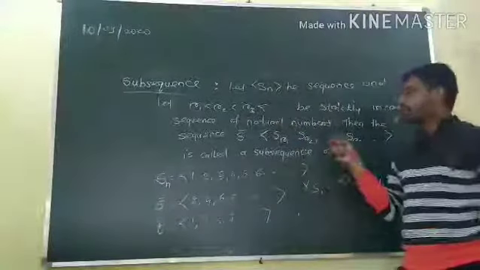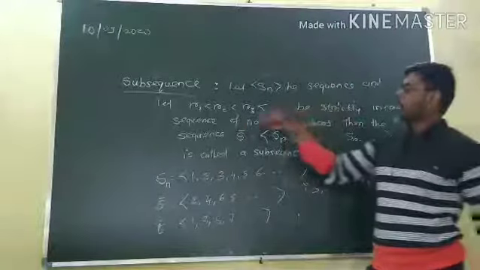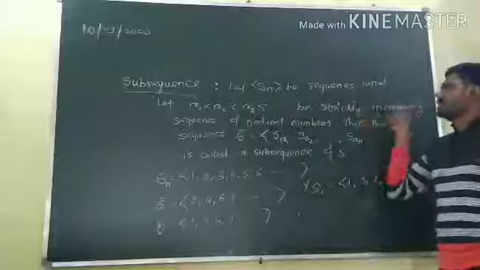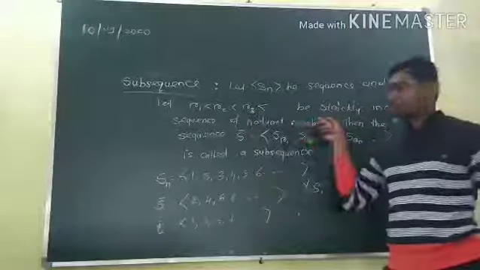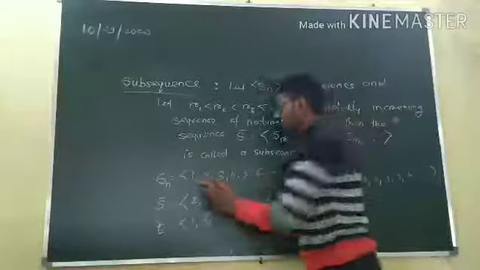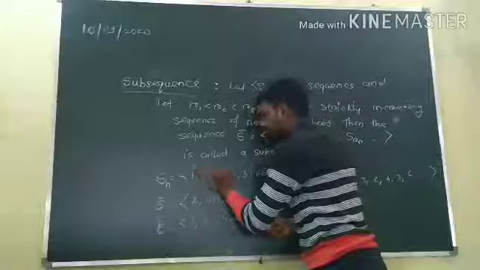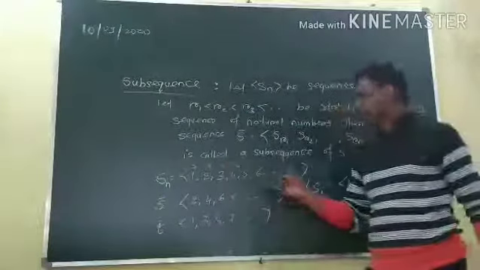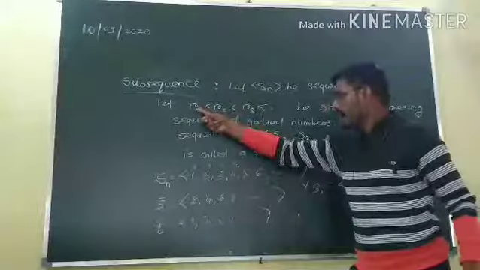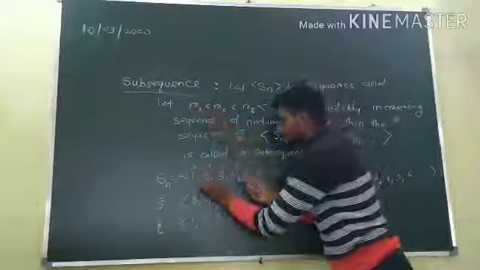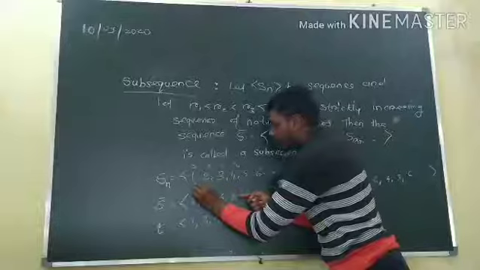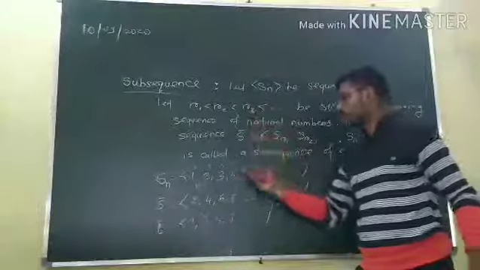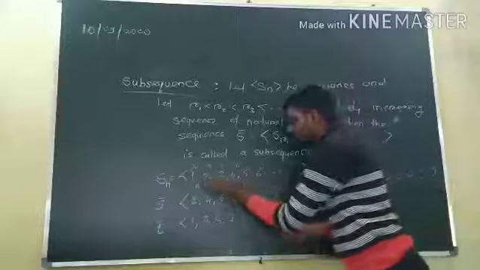Now they are saying that R1, R2, R3 is a strictly increasing sequence of natural numbers. This is S1, this is S2, this is S3, S4. So we have taken R1 as 2, which is the second element. Then R2 we have taken as 4.